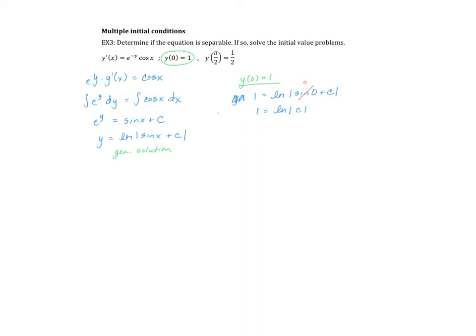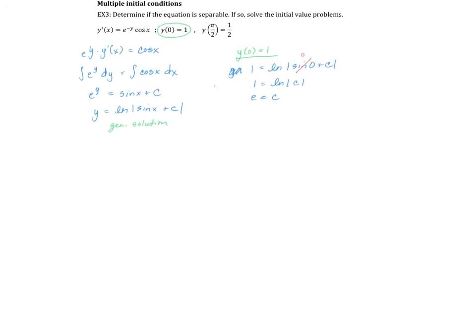And then exponentiating both sides, we have that c is equal to the constant e. So the specific solution for the initial value y of 0 is 1 would be y. And if you want to add in your variable x, you may, or just leave it as y. So y of x is equal to the natural log of sine of x plus the constant e.